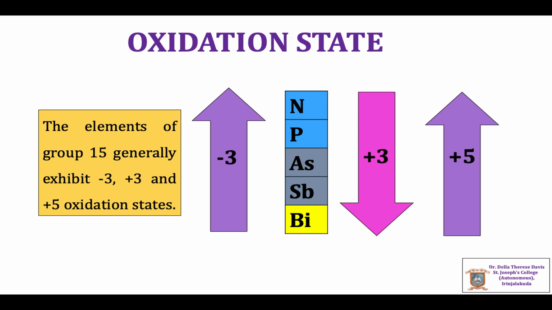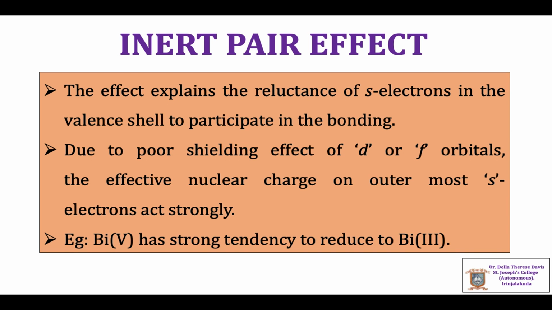oxidation state. Due to the poor shielding effect of d and f electrons, the effective nuclear charge on the outermost s electrons acts strongly. That is, the nucleus will pull the s electrons more strongly, and consequently the two s electrons will show a less tendency to participate in chemical reactions.